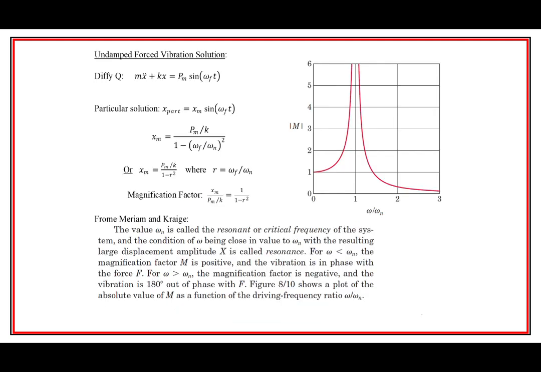So undamped forced vibration, we've already noted that this is the equation of motion for this, and then it's a non-homogeneous solution, and it's really the particular part that we care about. Here is an interesting thing, right?